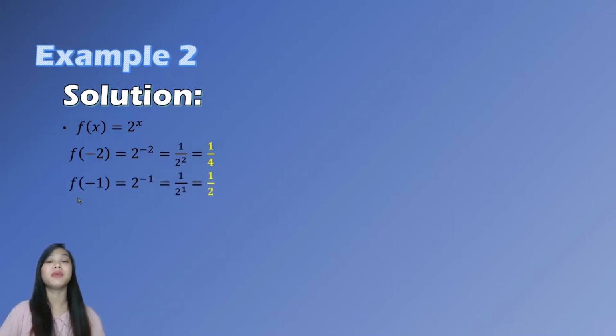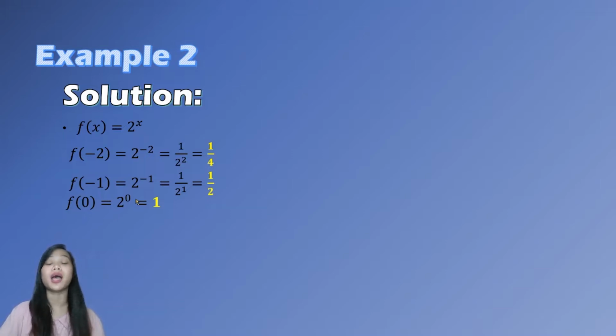Next, let's have f of negative 1. We substitute negative 1 for x, so we have 2 raised to negative 1, which is equal to 1 over 2 raised to 1, which is 1/2. Let's have f of 0 equals 2 raised to 0.